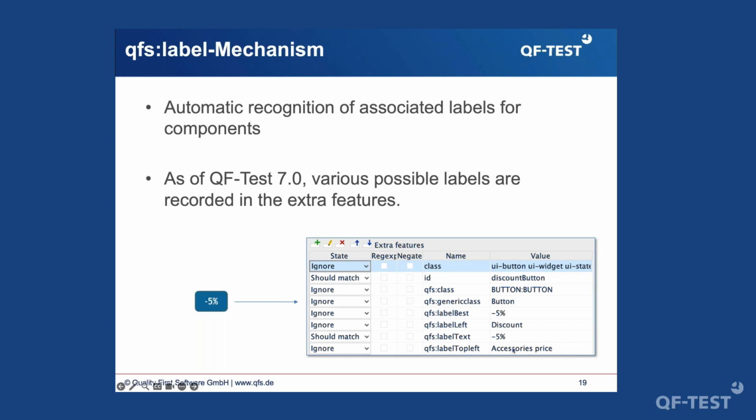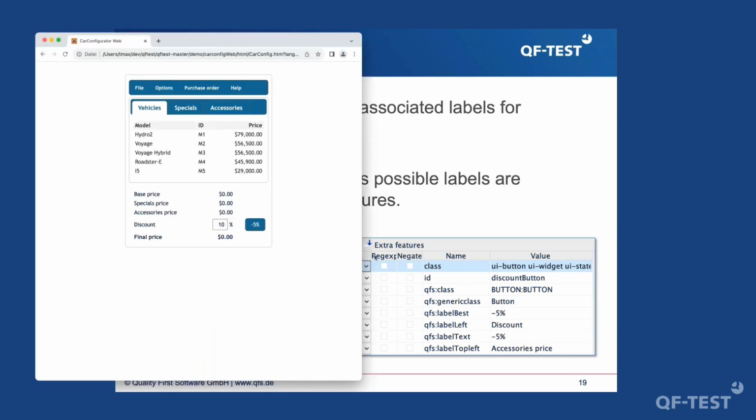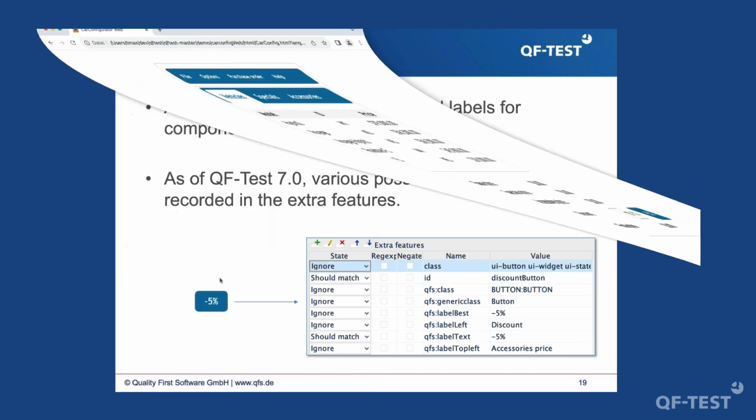So it's up here, which would be accessory price. Bringing up the browser once again, basically we're talking about this one. It would have the -5% on the button, and it would have the discount here on the left side, and on the top left side, it would have accessory price. So all of those are taken into account.